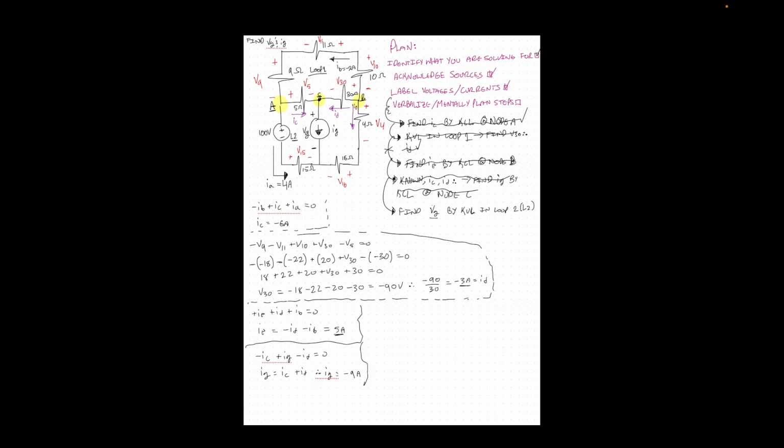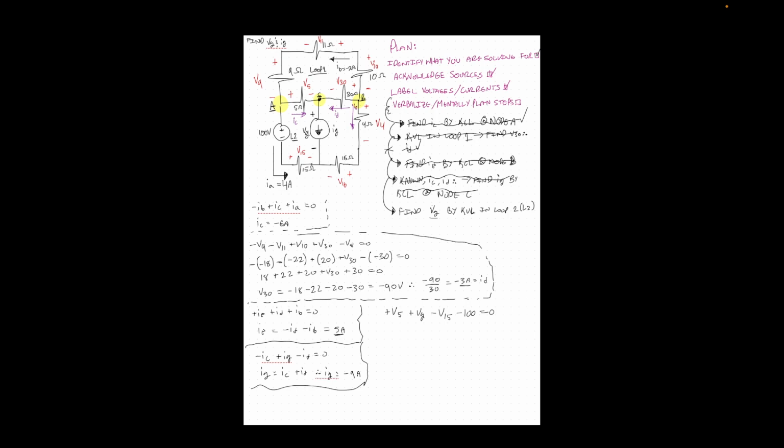Now I'm going to find my VG by KVL in loop 2. So by KVL in loop 2, I have plus V5 plus VG minus V15 minus 100 equals 0.